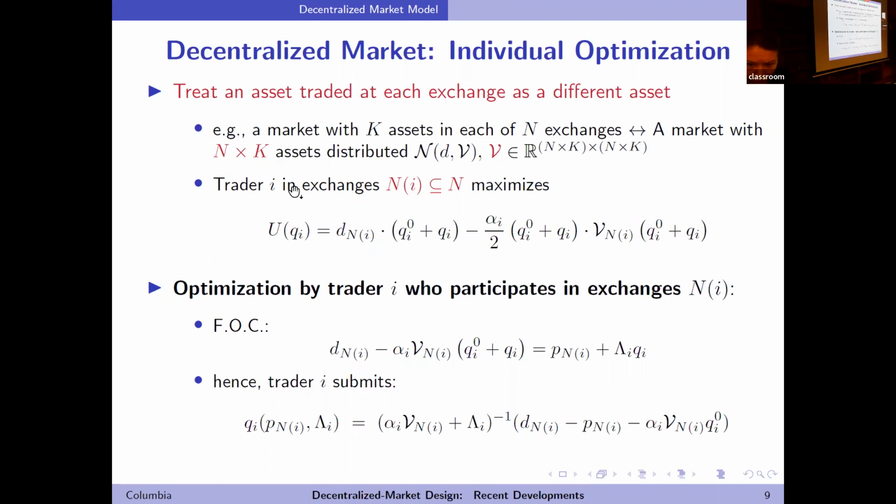Then each trader who participates in a subset N_i of all exchanges maximizes a quasi-linear quadratic utility function with a covariance matrix equal to the submatrix of the covariance matrix for the market as a whole that we just constructed.